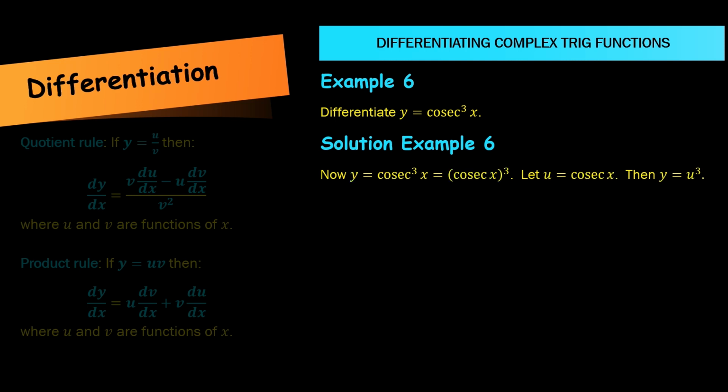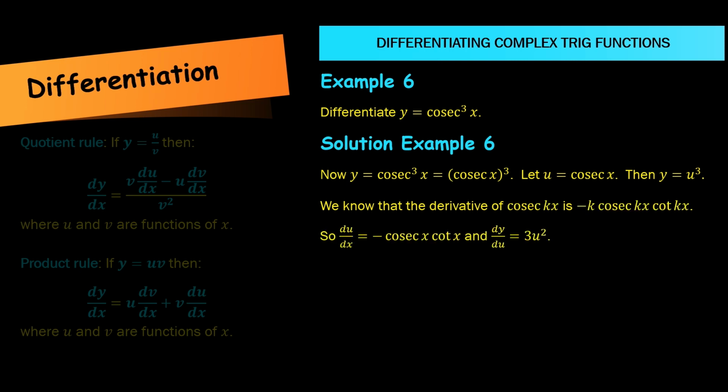We also know that the derivative of cosec kx is minus k cosec kx cot kx. And so we have that du/dx equals minus cosec x cot x and dy/du equals 3u squared.